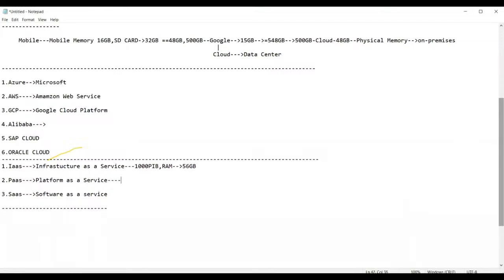Suppose, guys, what is a platform? A platform is generally a type of operating system. Now guys, we are using Android as an operating system, and Apple is using some other operating system.